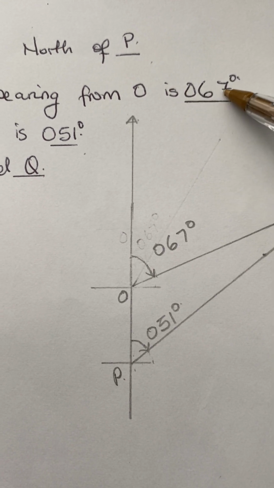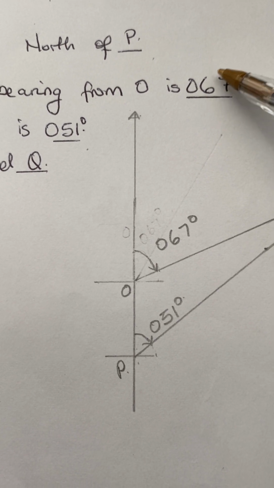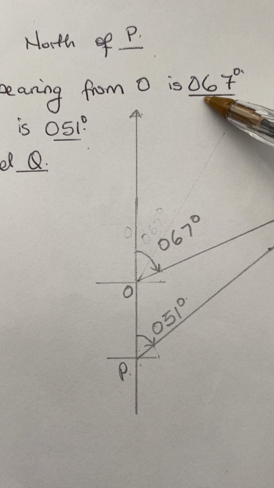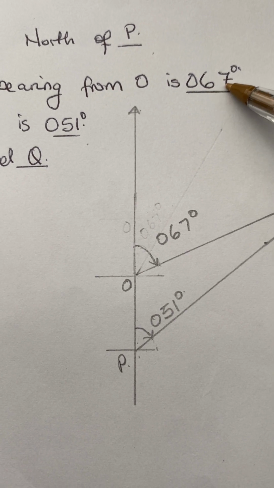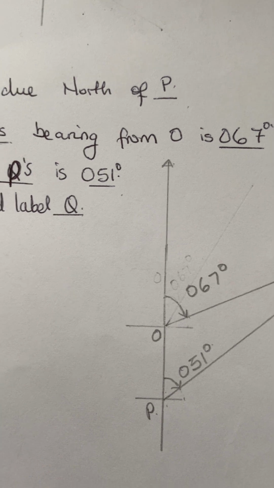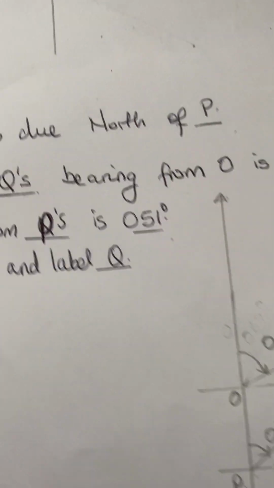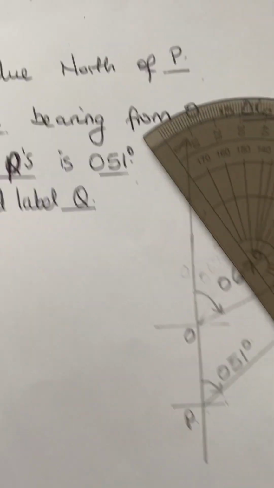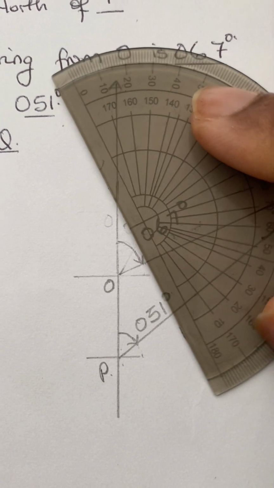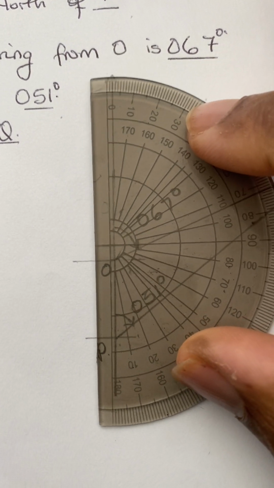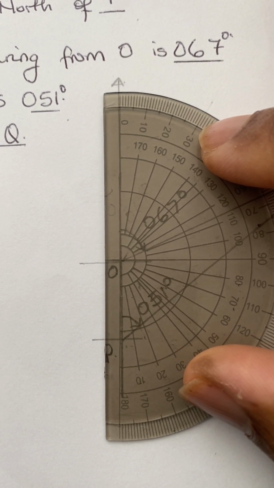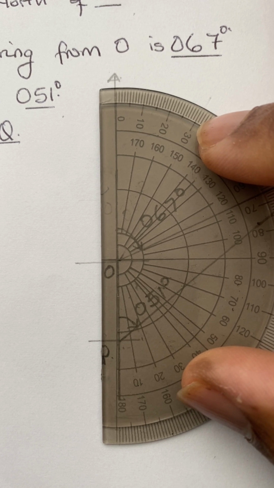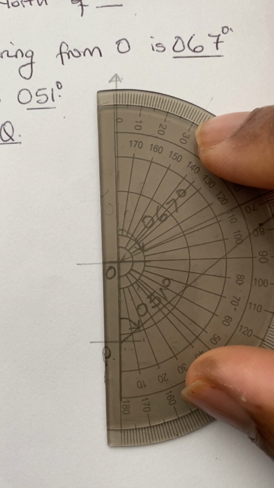Look at it again, 67 degrees, but because its bearing is 067 degrees. So now let's look at it and see if we will get 67 degrees. And 067 will be in our first quadrant.